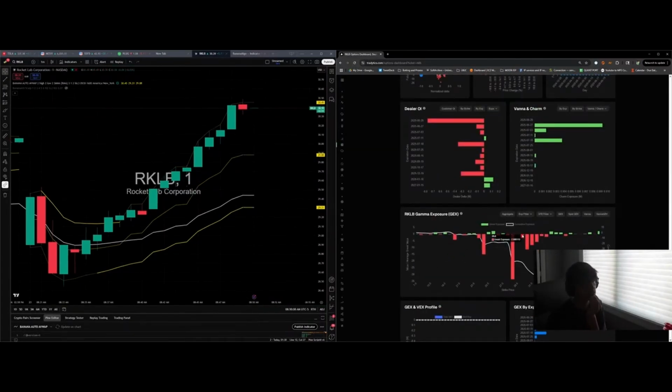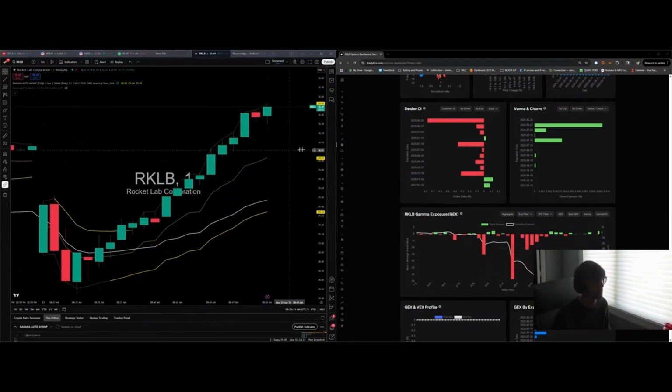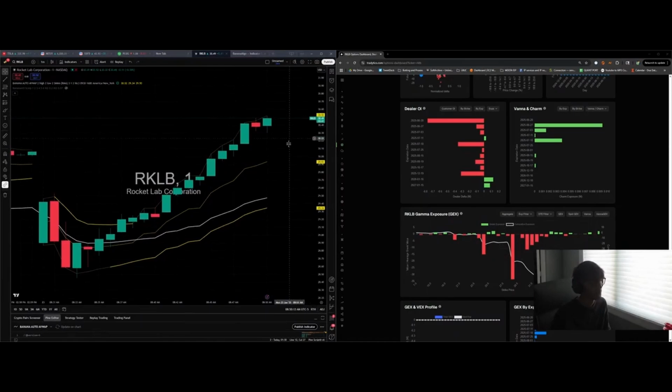We're gonna squeeze here. So what's happening right here with Rocket Lab is we're running through negative gamma exposure. So through these negative gamma exposure zones, the market makers support buying the stock when it goes up, and they sell the stock as it goes down. So that's why we're seeing such fluid motion through these ranges right here.